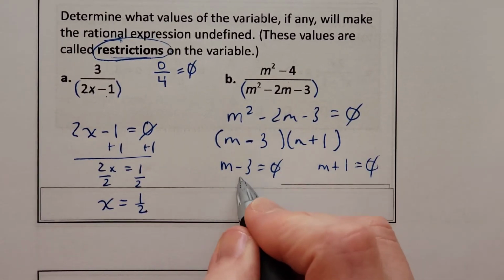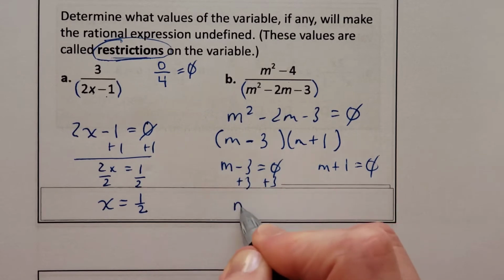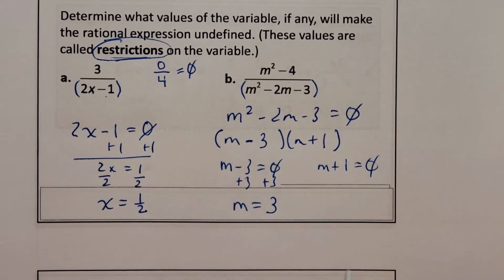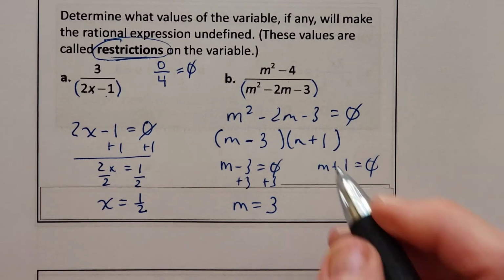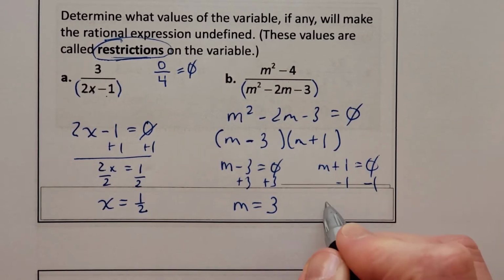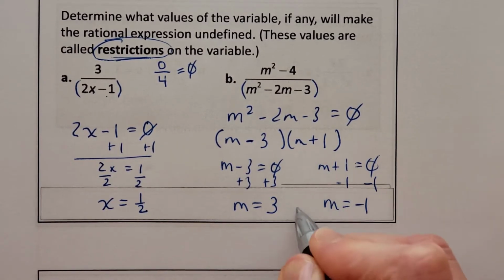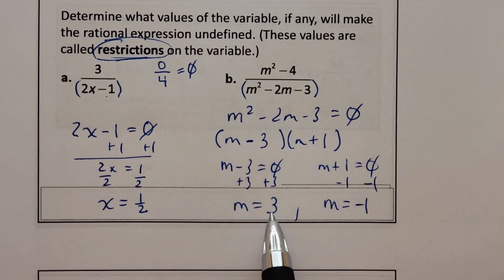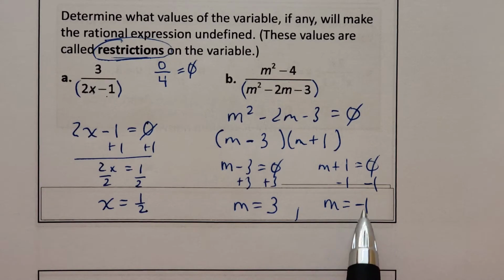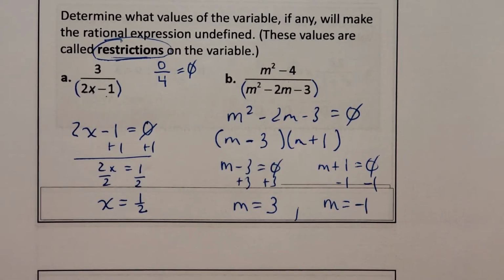So if we're going to add 3, m can't equal 3, which literally means it couldn't equal 3. So there's two answers on this one. So if m was 3 or -1, this rational expression would be invalid. It would be undefined.